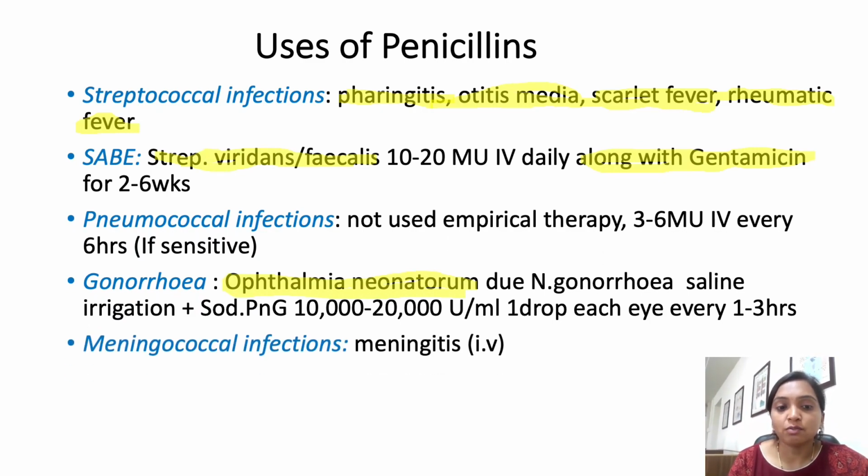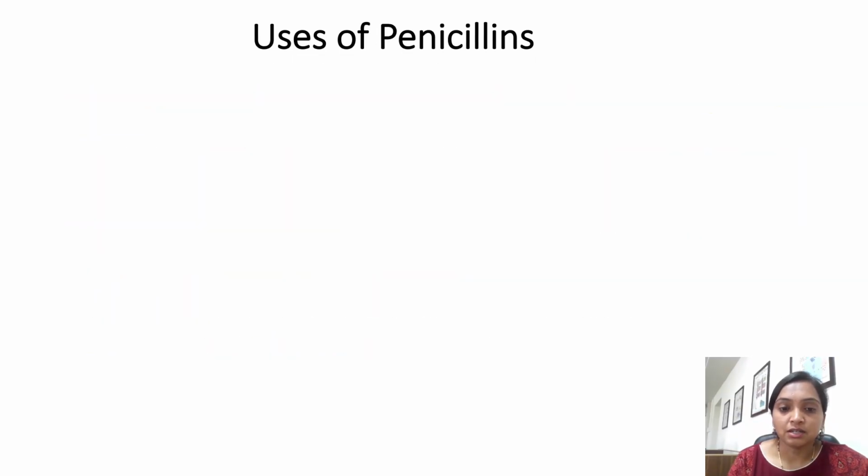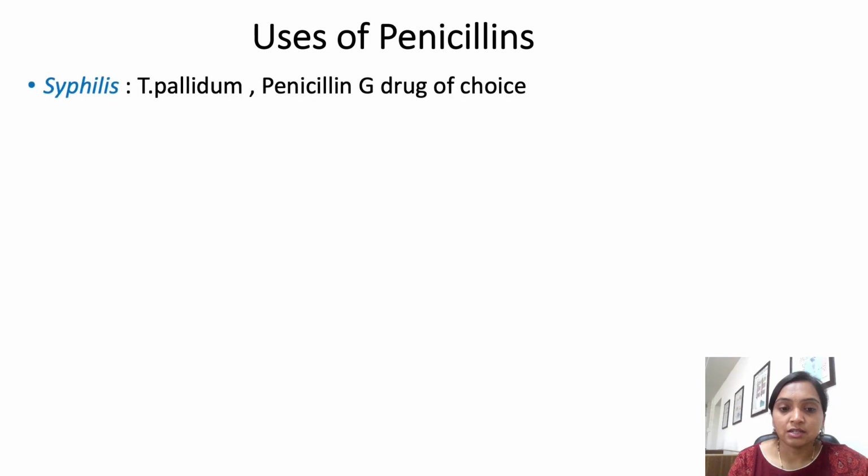Also, in case of meningitis caused by one of the important species, meningococci, penicillin is a group of drug used. Moving on, it is a drug of choice in case of syphilis, which is caused by Treponema pallidum, the organism causing syphilis.